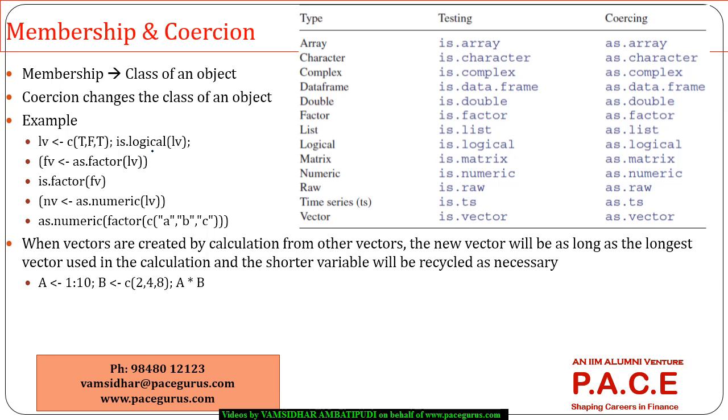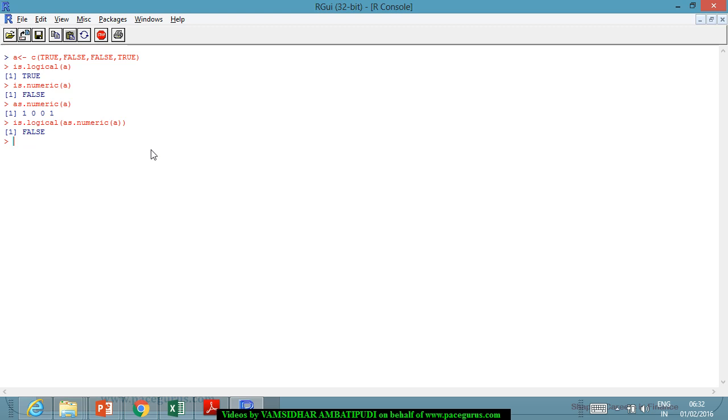Now similarly, if I want to convert a into factor, I'll create b, wherein I say as dot factor a. Now what is happening to b? If you look at true, false, false, true, the levels are coming out as false and true. Now if I say is dot logical b, b is no more logical.